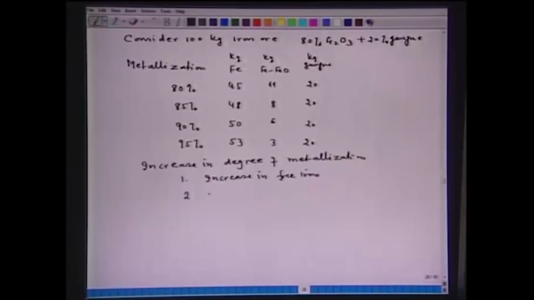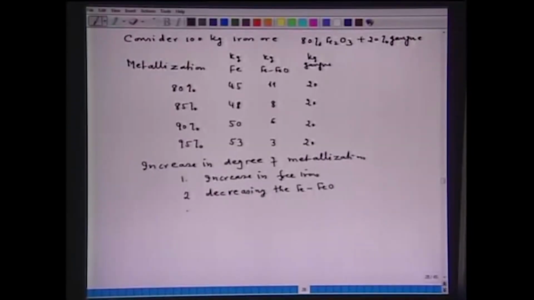Second, it is decreasing the iron which is combined as FeO. That is also good because less amount of energy would be required to reduce FeO by carbon to Fe plus CO. As a result, what will happen?